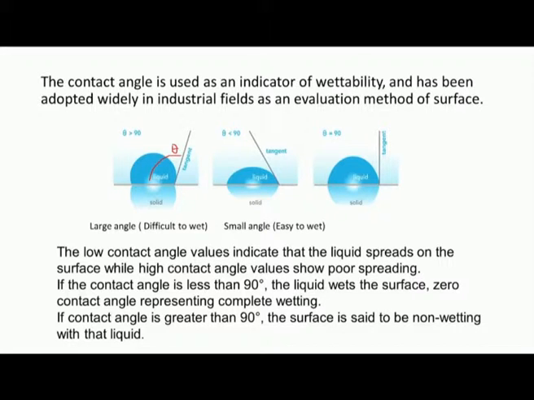Low contact angle values indicate that the liquid spreads on the surface, while high contact angle values show poor spreading. If the contact angle is less than 90 degrees, the liquid wets the surface. Zero contact angle represents complete wetting. If the angle is greater than 90 degrees, the surface is said to be non-wetting with that liquid.